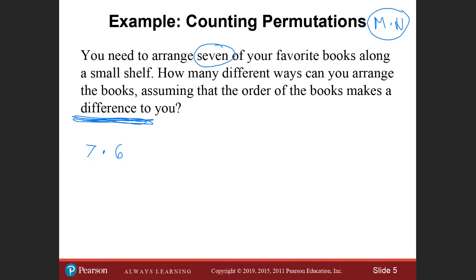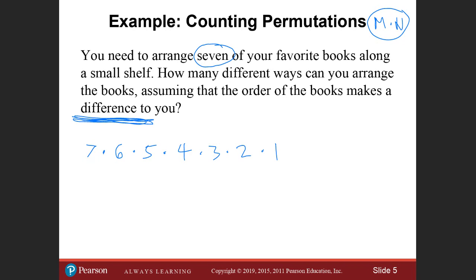It continues on the third arrangement. You have 2 already placed, so you will have 5 choices here. And then 4, 3, 2, 1. So that would be the solution.